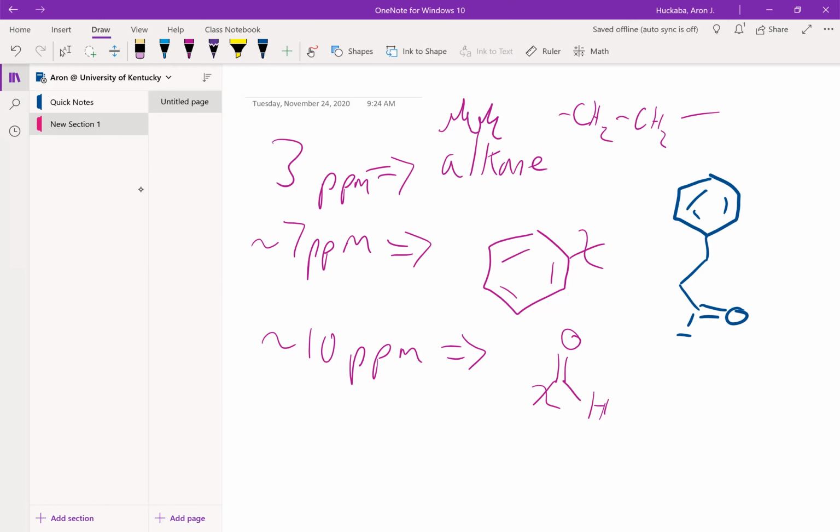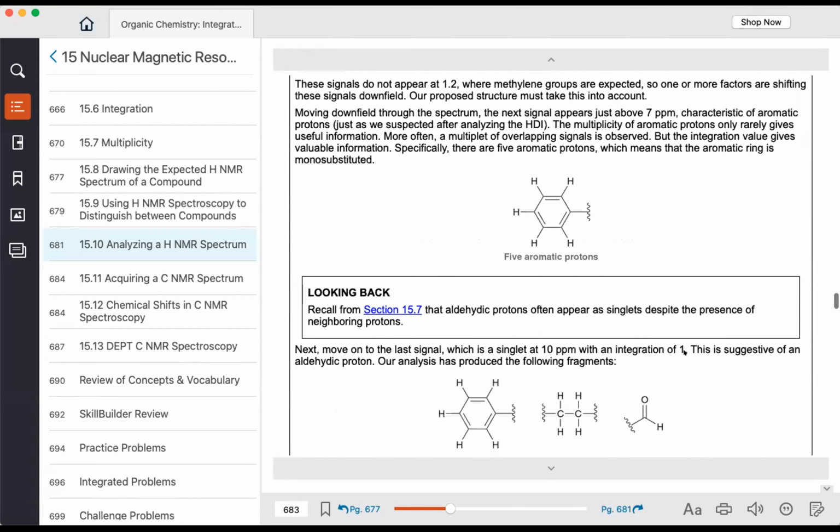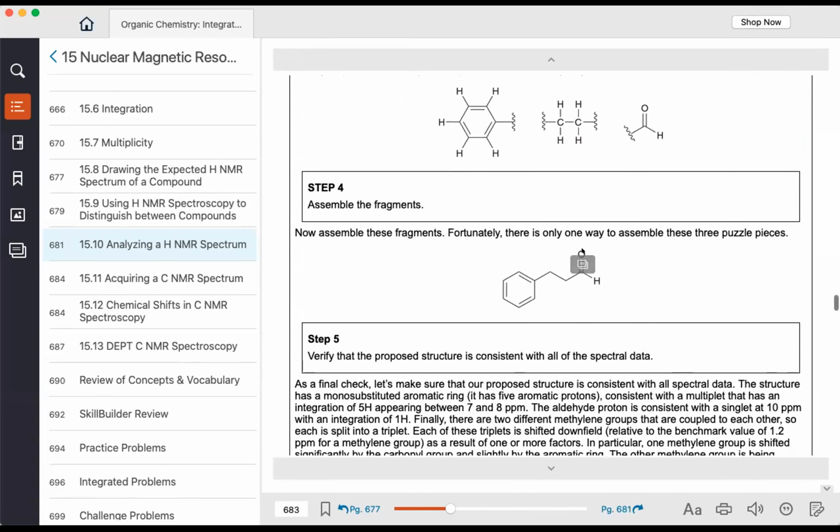Oops, I'll just draw the regular hydrogen there. There we are. Okay, so then if we go back to the book and have a look at what the expected structure should be after our solving, we see that we indeed got the structure correct. So this is a good systematic way to go about solving proton NMR spectra, and this is section 15.10.